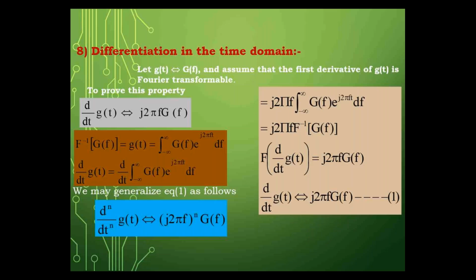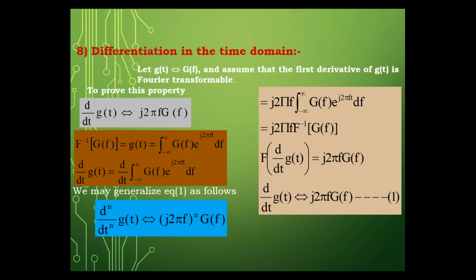Please first try to understand this. Now, as you know, you may ask, what is the use of this differentiation property? First, try to understand. We have seen in the first unit various waveforms like triangular waveform, rectangular waveform, impulse signal.